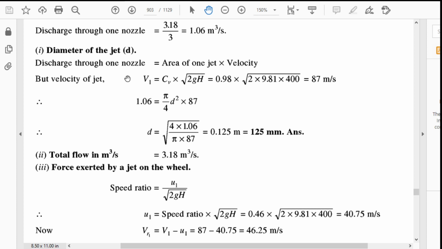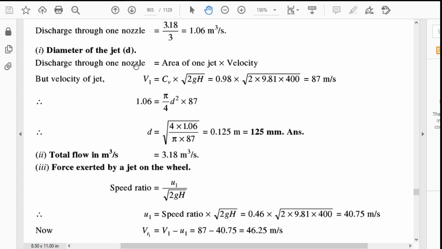Velocity of jet can be calculated by v1 equals cv root of 2gh. Here the net head h is 400 and the coefficient of velocity cv is 0.98. Substituting, you will get the velocity of jet as 87 meters per second.